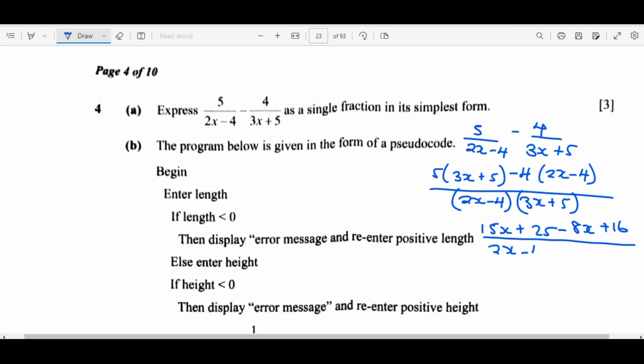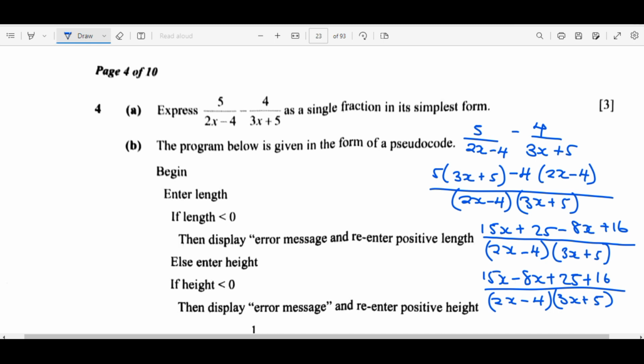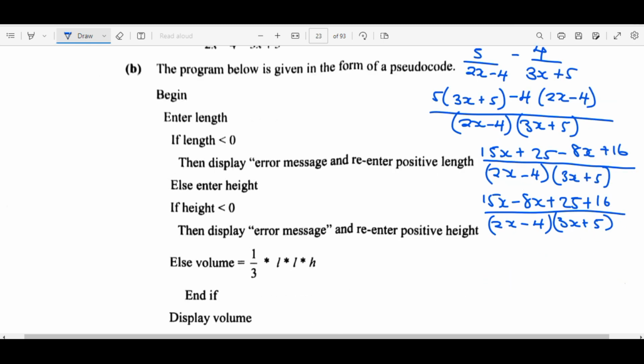You collect like terms, so 15x minus 8x, and then plus 25 plus 16, over 2x minus 4 and 3x plus 5, and we just copy this down here. 15 minus 8 we're going to have 7x, and 25 plus 16 we're going to have 41, over 2x minus 4 in brackets and 3x plus 5.